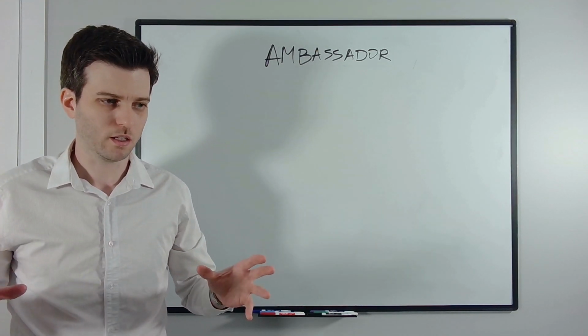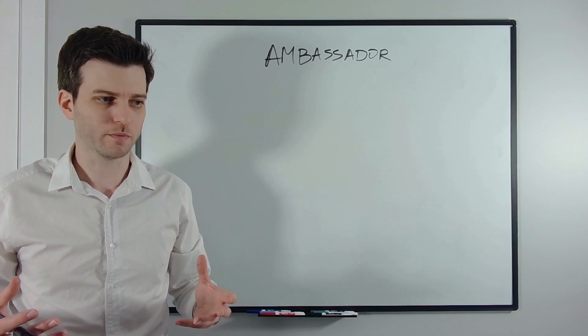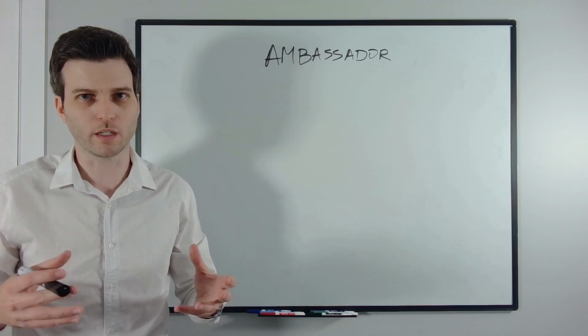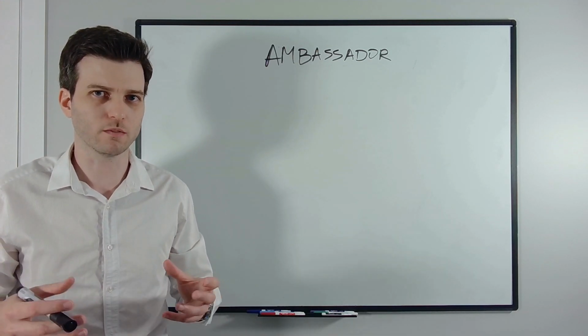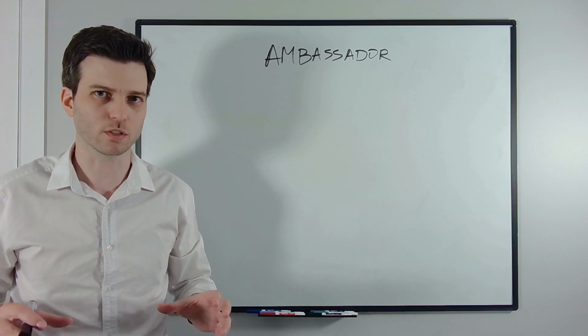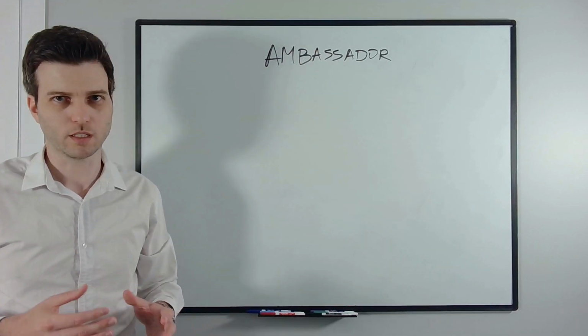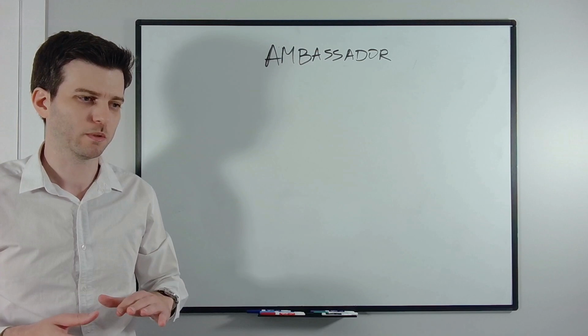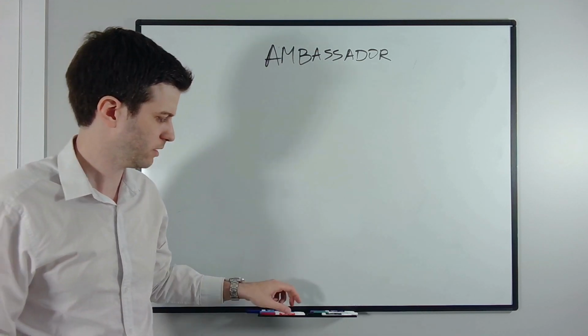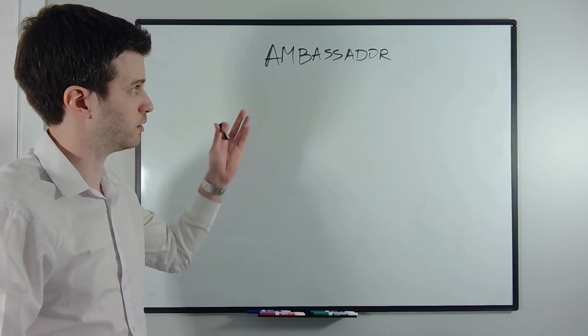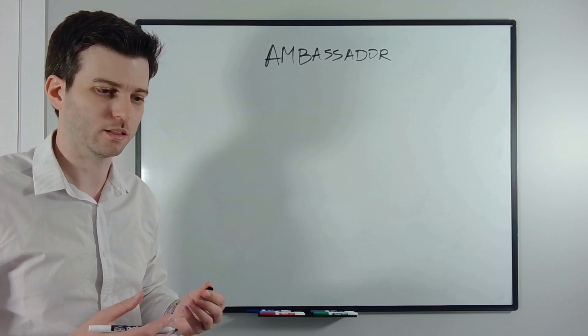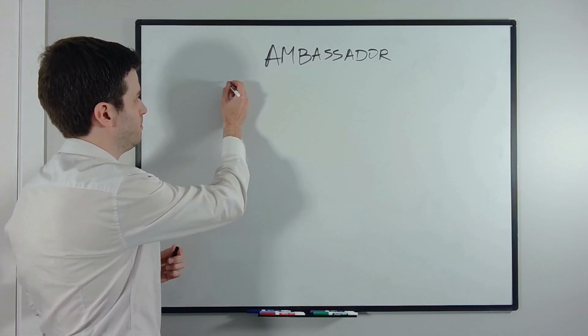At the system level, we have things like network connectivity. We're either solving a problem at network connectivity or integration between components or subsystems, or we're solving a problem at the data layer, or at the service layer itself. In this case, the ambassador is solving the problem at the connection layer.